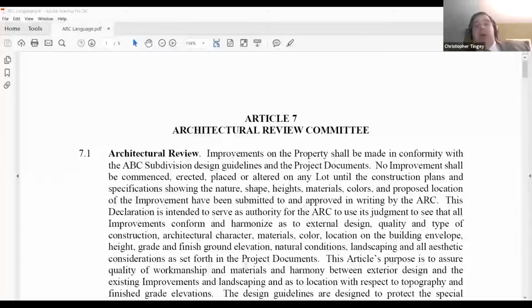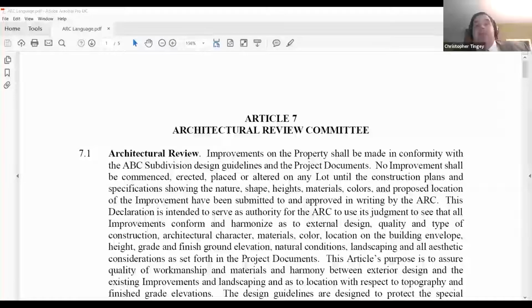So what happens? What's the process? Well, owner makes an application, and with that application, typically you require plans and specifications to be submitted. As we showed up here, construction plans and specifications showing these details, you've got to get it. And they submit it.